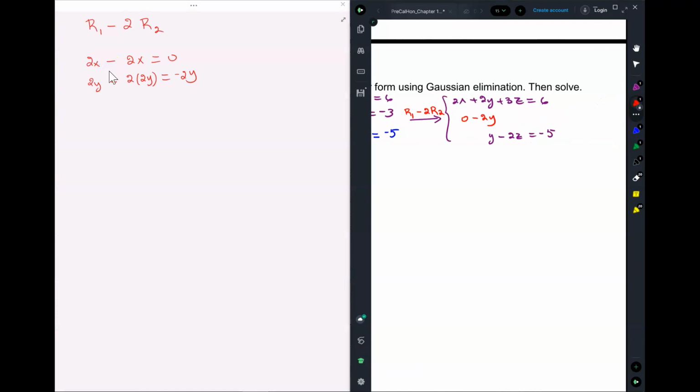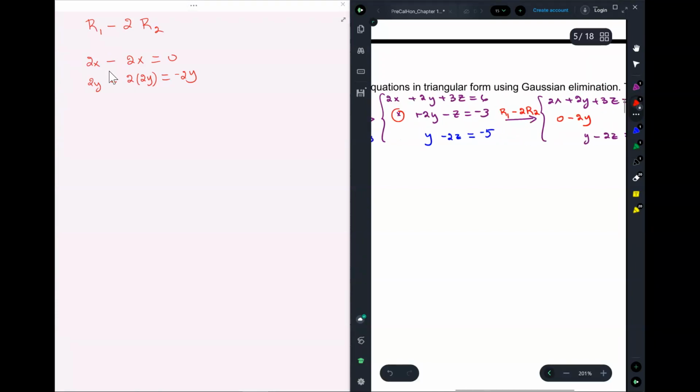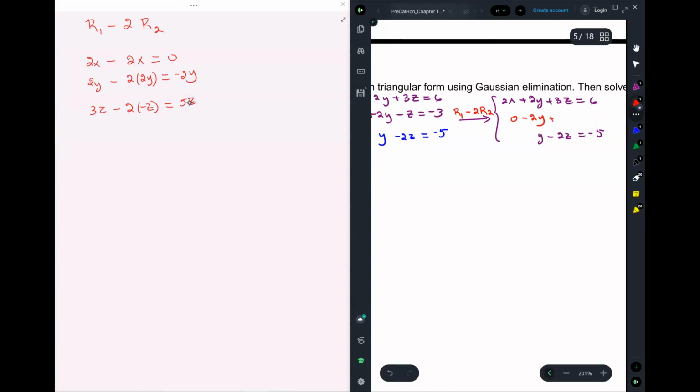Row 1 is 3z minus 2 times negative z. Do you see how the negatives can get you into trouble? 3z minus 2 times negative z is 3z plus 2z, 5z. So plus 5z.